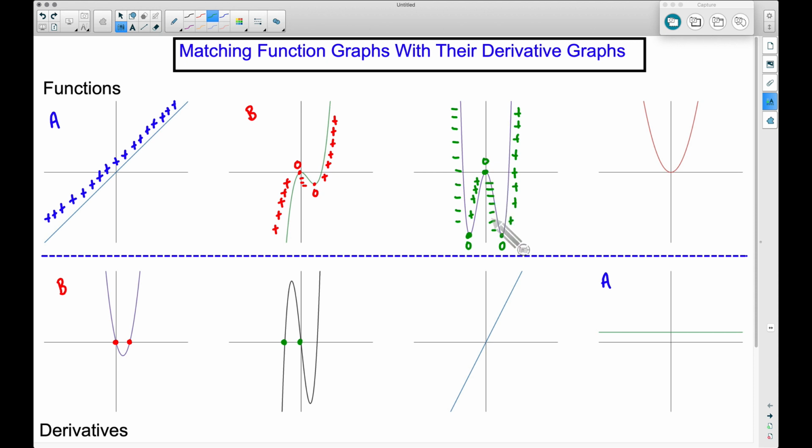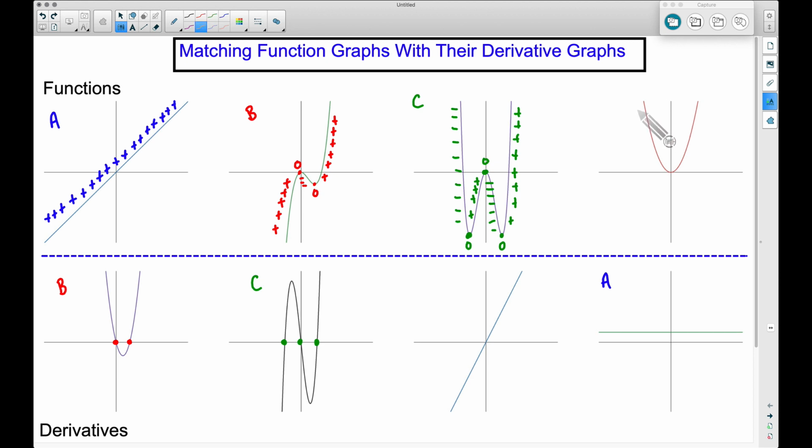Then the function starts to decrease, so we want to be below the x-axis. Then we hit 0 yet again, which corresponds to this spot. And since the function starts to increase again, we want the derivative graph to be above the x-axis. So we got below, above, below, above the x-axis. That's exactly what's going on right here. So for graph C, this will match up with this derivative graph right there.